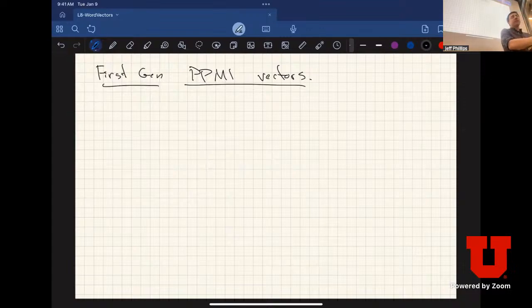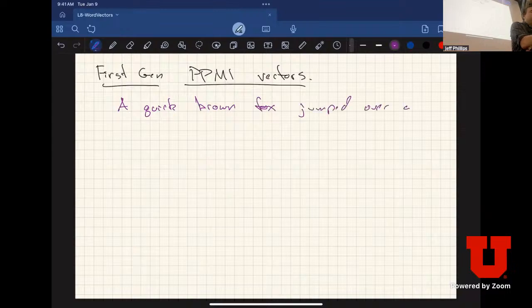So the idea is that if I have my sentence, quick brown fox jumped over a lazy dog, and I want to look at the word fox, then I'm going to look at its context, which will be the words nearby it.